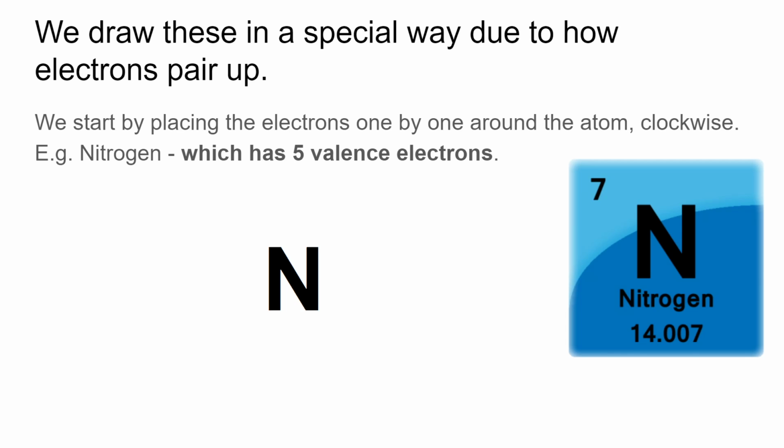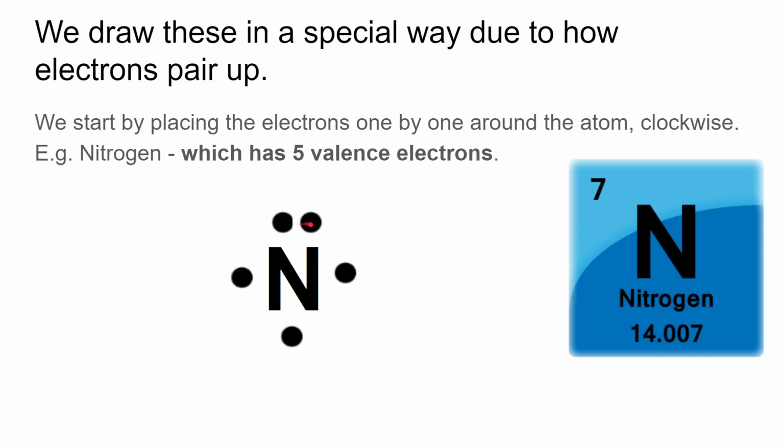We draw these in a special way due to how electrons pair up. So we start by placing the electrons one by one around the outside of the atom. It can be clockwise, it can be anti-clockwise, doesn't really matter, as long as they're all separate to start off with, like this. Then, because electrons pair up, we start pairing them up. And so nitrogen, it's element number 7. It's got 2 core electrons and 5 valence electrons.